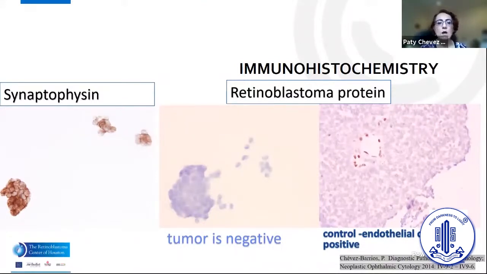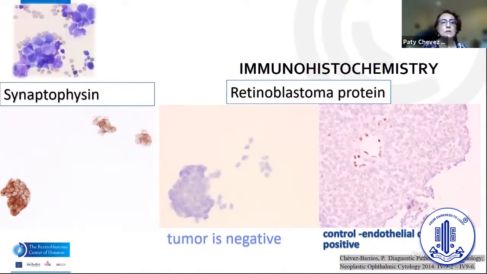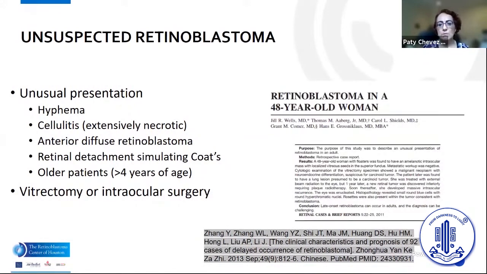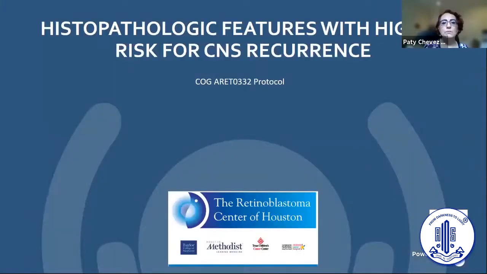You can also do the RB mutation staining, which will be negative because it is not present there. So usually these cases are the ones that present with cellulitis, anterior diffuse retinoblastoma, or Coats disease. And there are many published papers by many people here in the call that talk about the treatment after that.